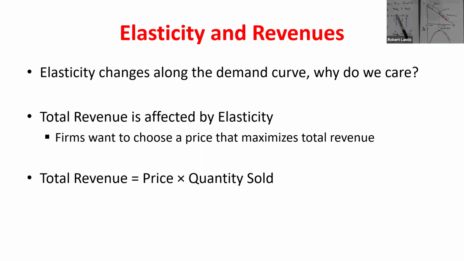Now, obviously, we haven't factored in costs of the company yet, but if we're just thinking about maximizing total revenues, a lot of times nonprofits are maximizing revenues rather than profits. If their costs are being covered by somebody else, they act as though they don't have any costs. So this is just a small piece of the puzzle once we get to think about what firms will do, but they do care about this, because the direction in which total revenues will change depends on whether I'm on the elastic or inelastic portion of the demand curve. Okay?